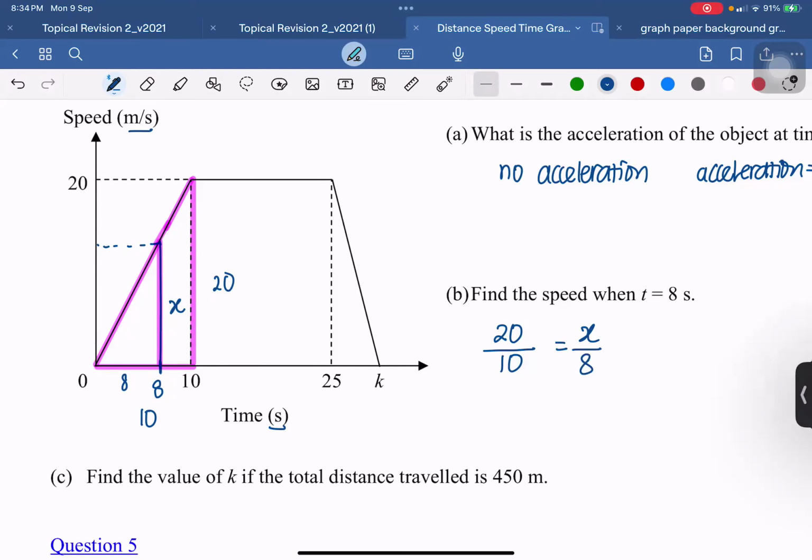What is the value for x? Are you sure it's 2? Wrong. What do you need to do now? Cross multiply. Cross multiply, 160. Then this one is 10x. Then x equals how much?